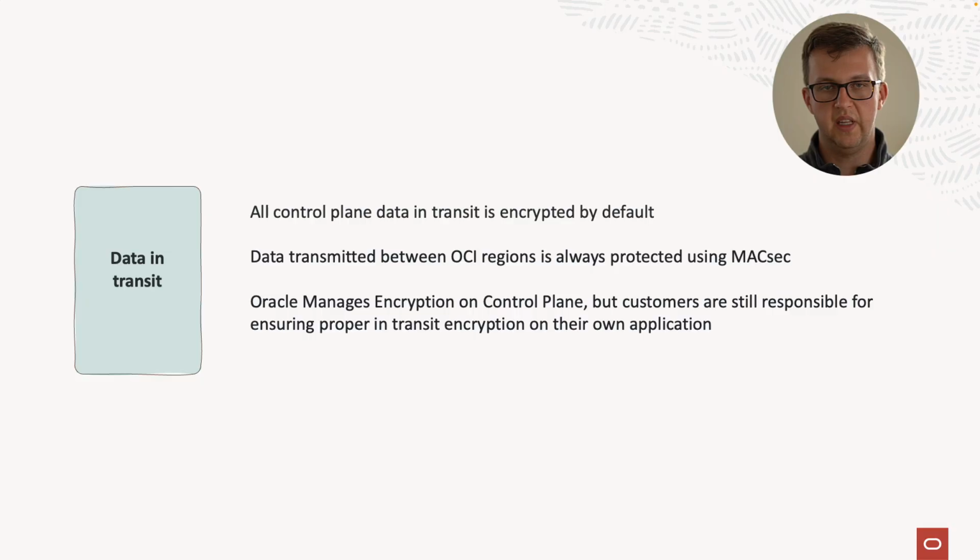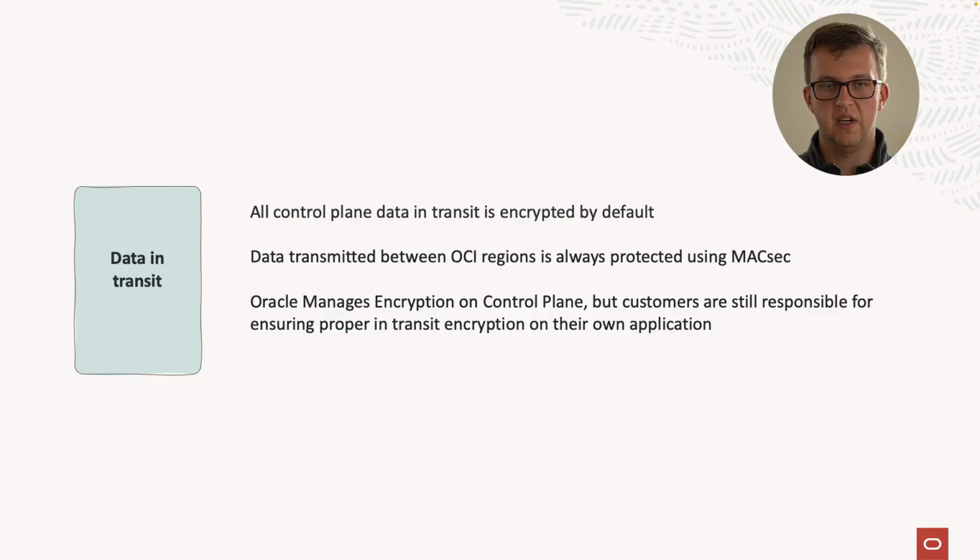All control plane data in transit is encrypted using Transport Layer Security TLS 1.2 or later, ensuring the data transmitted across the network is securely encrypted and never sent in plain text. Additionally, all data transmitted between availability domains and regions within OCI is protected using MACsec.